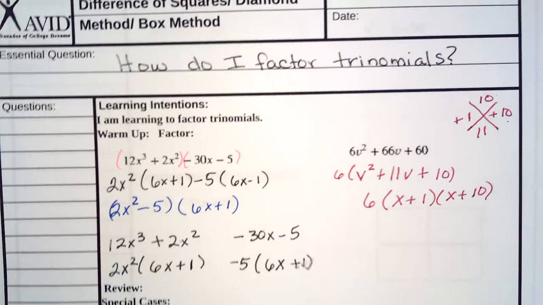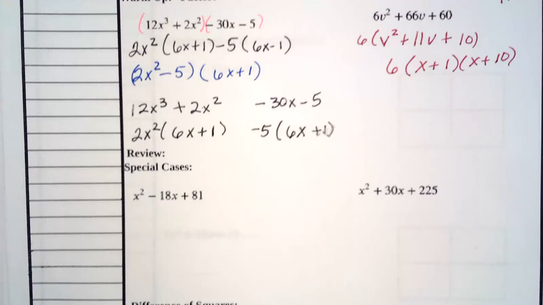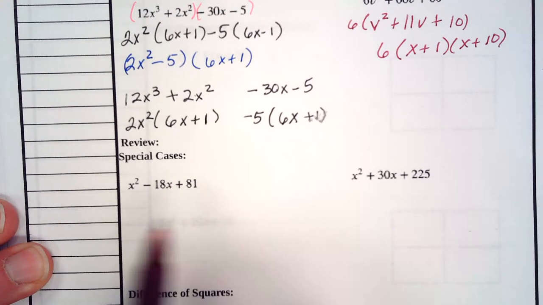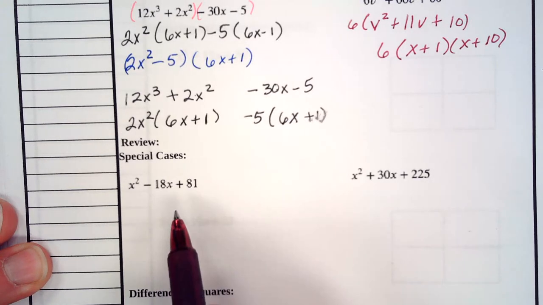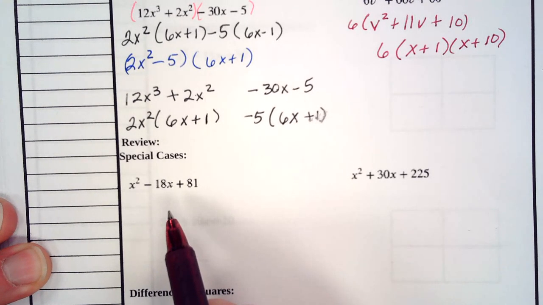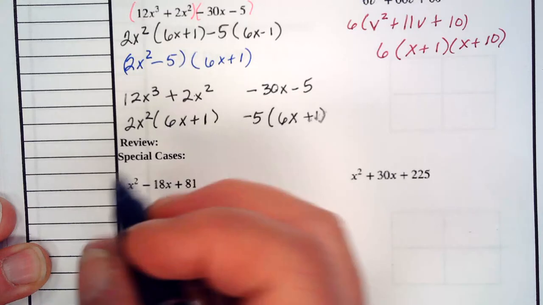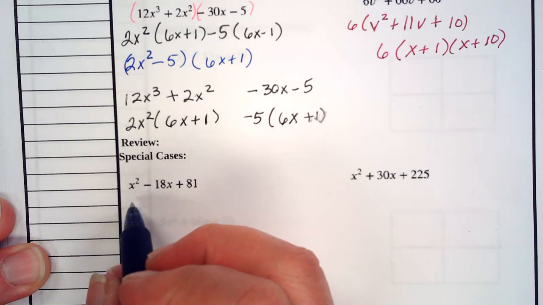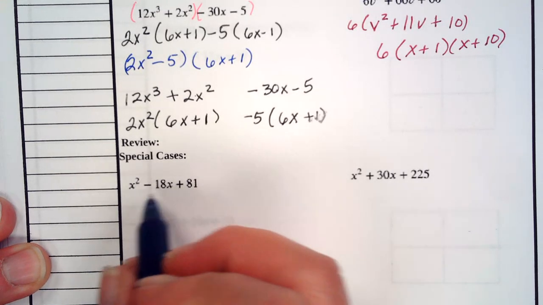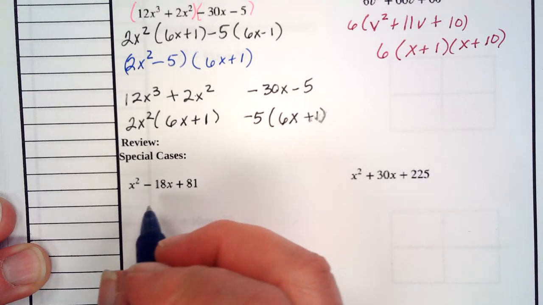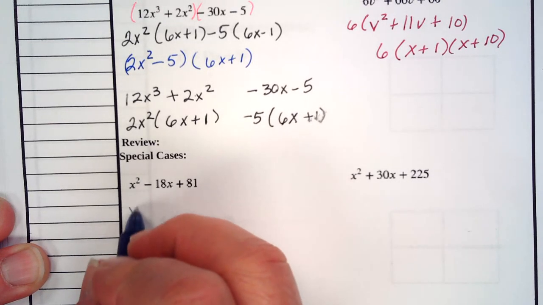So let's review our special cases. As we're looking at this, we're deciding if these are the special case of perfect squares. Step 1 is actually, do I have anything I can factor out? No. So is the first one a perfect square?